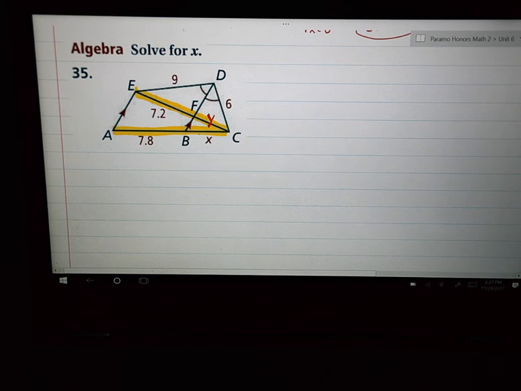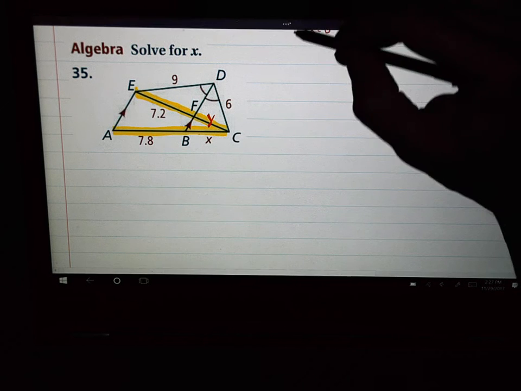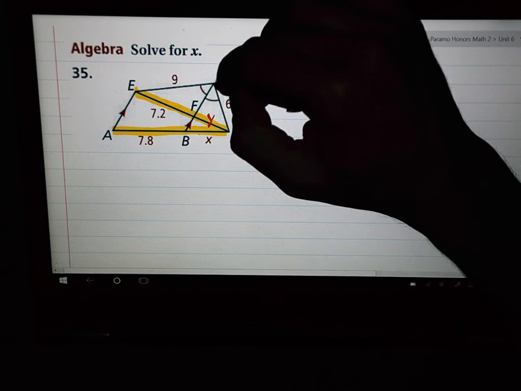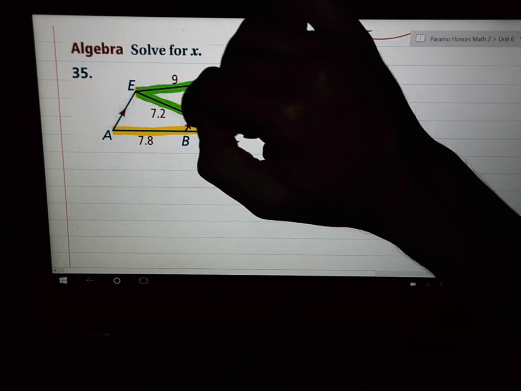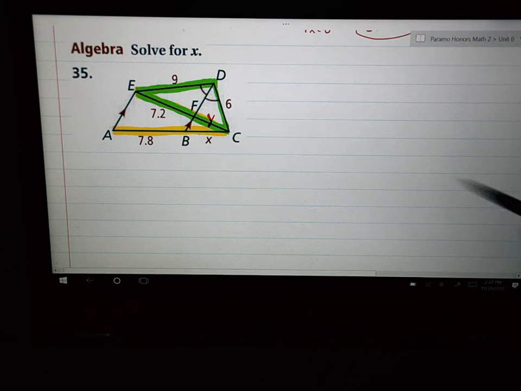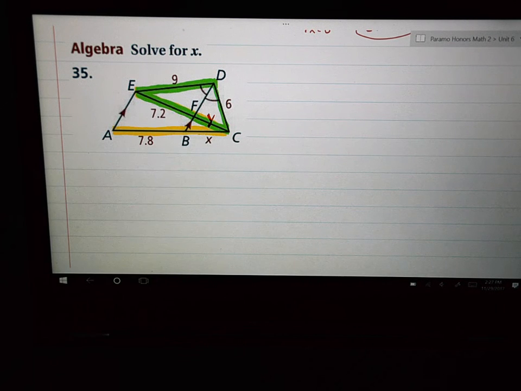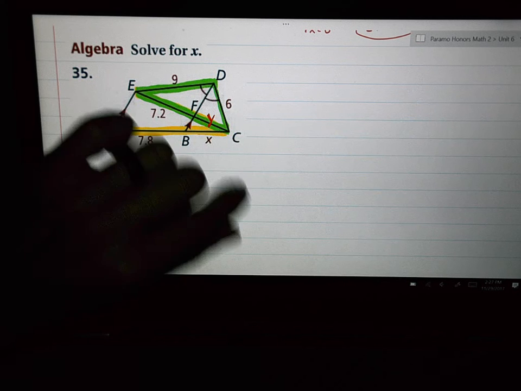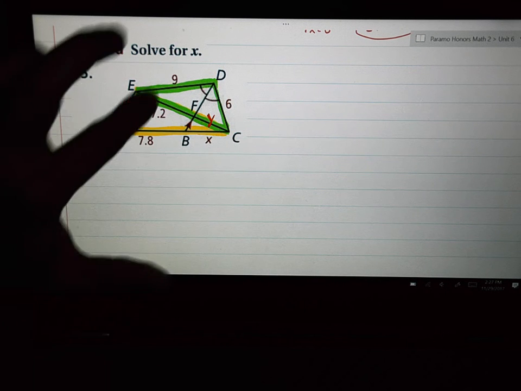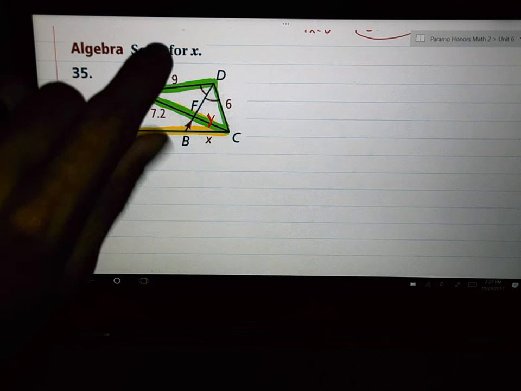Does that make sense? And so then what I have to do is look at this triangle and use the triangle angle bisector theorem, because that's the triangle. I can't make a triangle out of this stuff. So I've got to use the green part to find the yellow part to find the x.